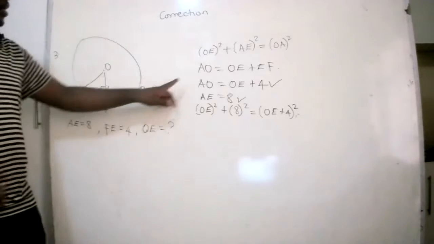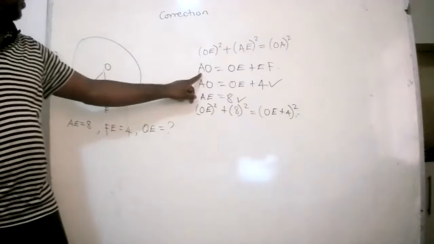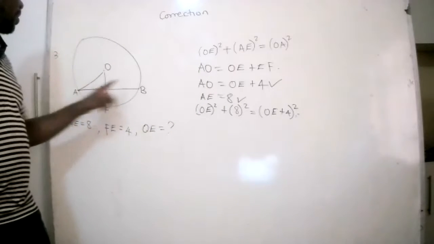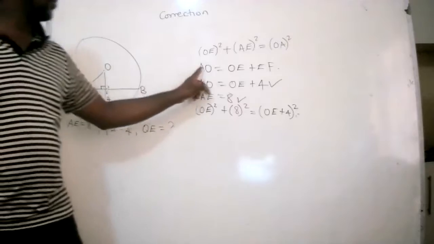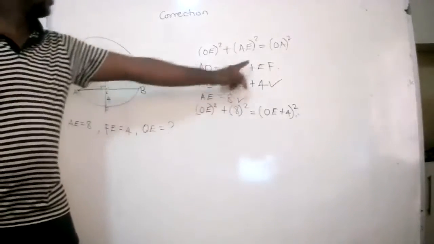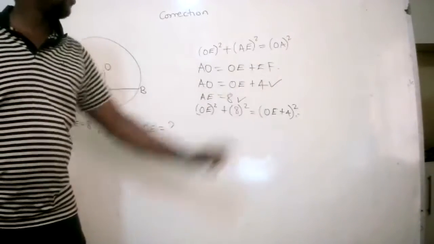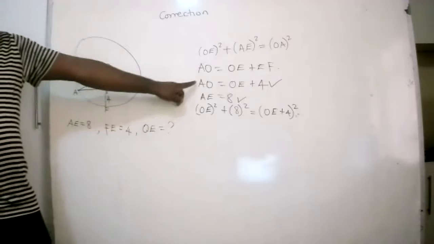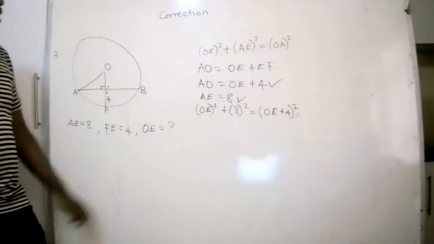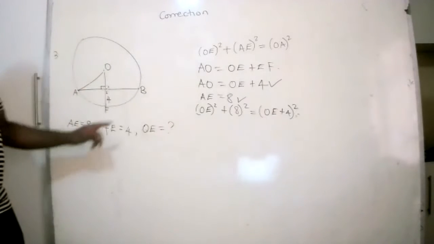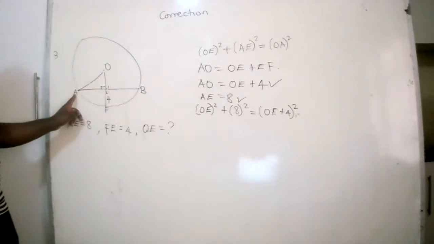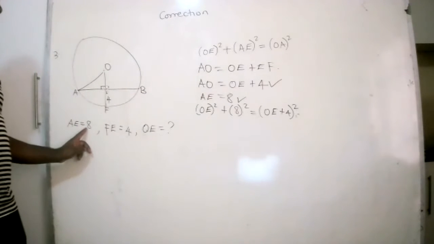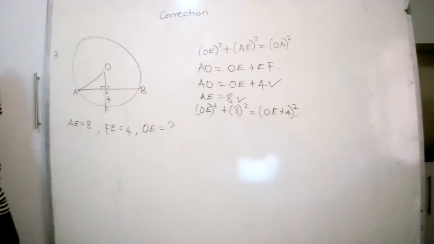So AO, this side here, is equal to OE plus EF. But EF is given, therefore where we have EF, we can substitute, and we'll obtain this equation here. From the previous information, we are given that AE is equal to 8 units, so where we have AE, we can replace it by the 8 units. Is that clear?